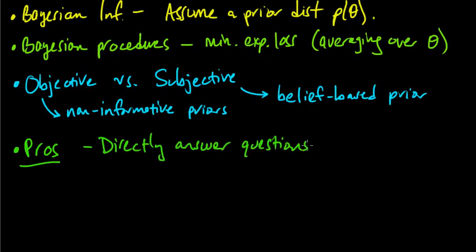For example, if you were trying to measure, say, the length of a football field, and you wanted to say what's the probability that the length is between 99 and 101, then you could answer that question directly.